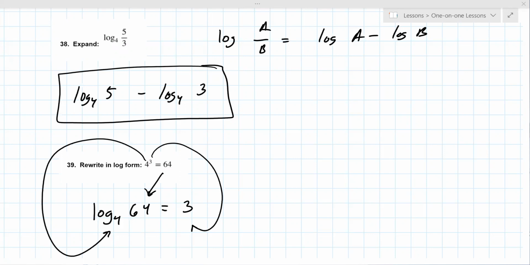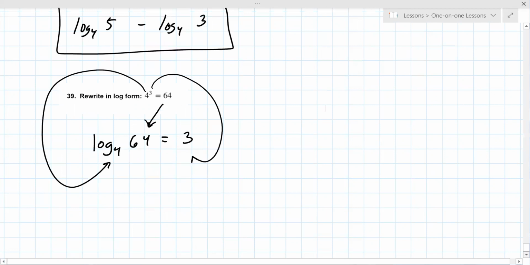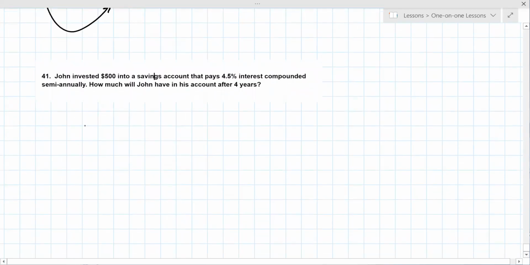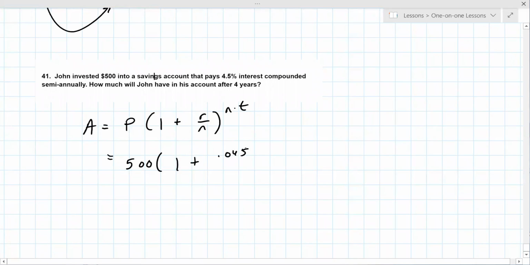Now 41. This is the stuff I usually get confused with because of the different formulas. The first one does not say continuous, does it? No, just semi-annually. If it said continuous, you would use PERT. Because it is not continuous, you're going to use P times 1 plus r over n, to the n times t power. The principal is 500, the interest rate is 0.045, semi-annually means n equals 2, and then 4 years. Plug this into your calculator.